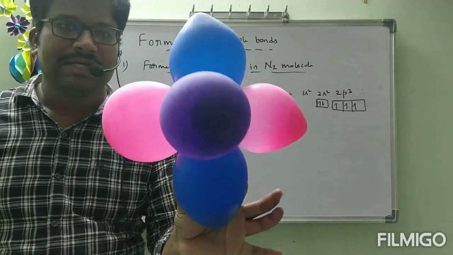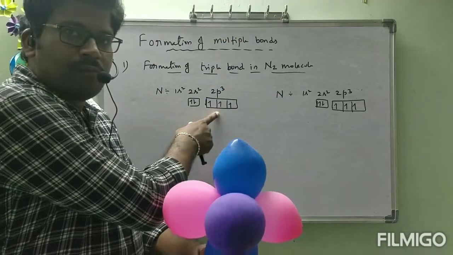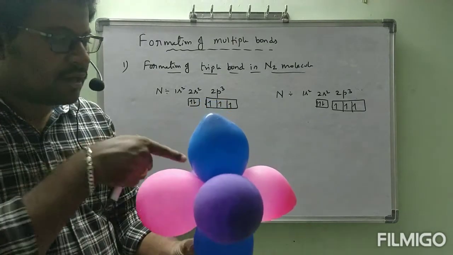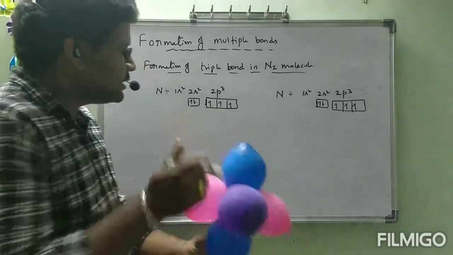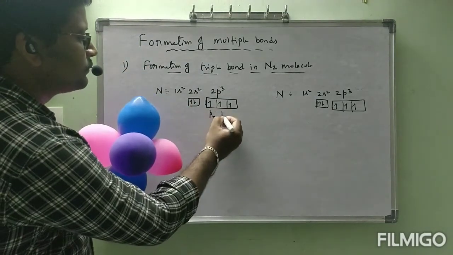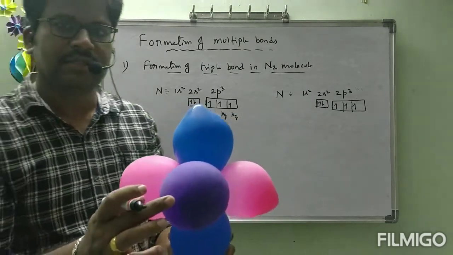Are you clear? Let us imagine that these three belong to the first nitrogen atom. Let us think that this is the z axis.